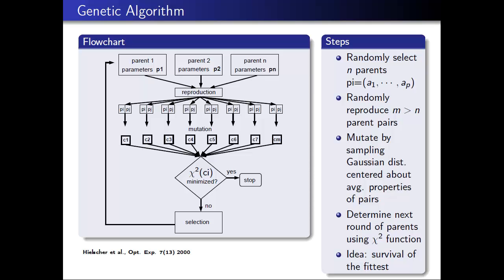The idea behind this is survival of the fittest, hopefully through generations. I think Hilscher used 10 generations to achieve the minima of his chi-square and the determination of the optical properties that best fit his measurements.